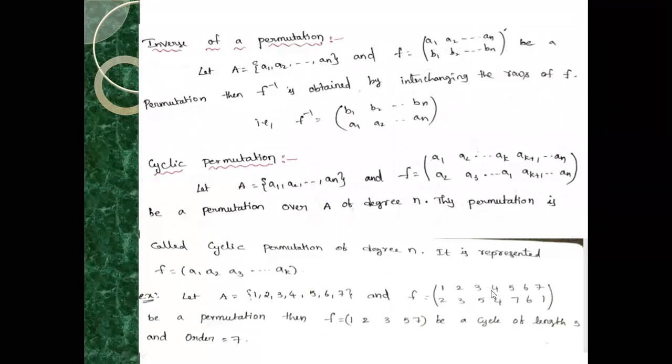So for this given permutation, the cyclic permutation is 1 to 2, 2 to 3, 3 to 5, 5 to 7, 7 is related to 1, the starting value. So the cycle ends here. This cycle contains 5 elements, so the length of this cycle is 5, and the order is the highest element, 7.